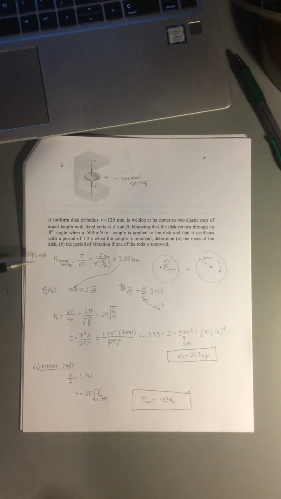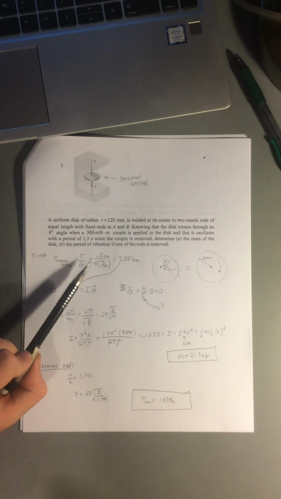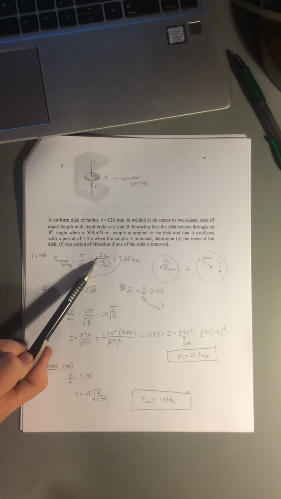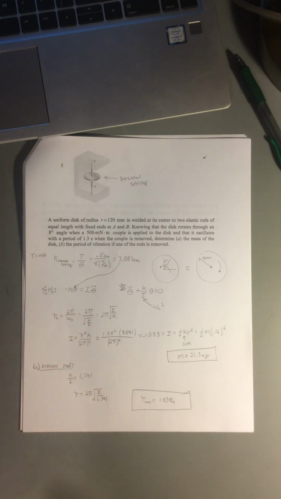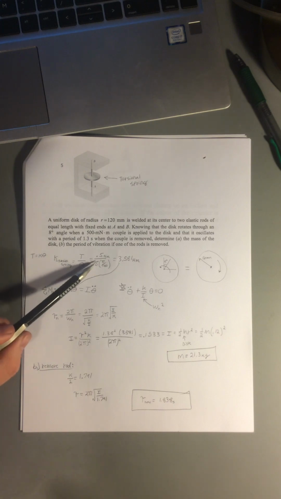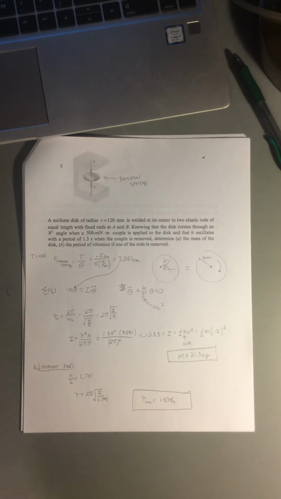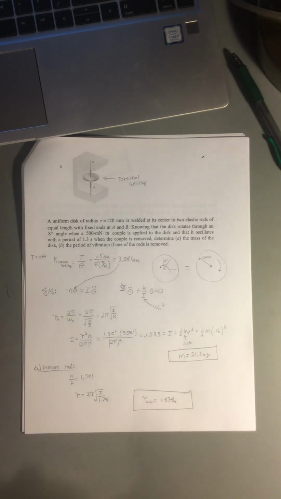Rearranging that, we can solve for our spring constant K of this torsion spring system here. Because we were given the couple here, converting the 500 into Newton meters gives us 0.5 Newton meters. Then converting the 8 degrees into radians gives us this term here, multiplying by pi over 180. Solving that, we can find that K for this torsion spring is 3.581 Newton meters. And so that is our K value.